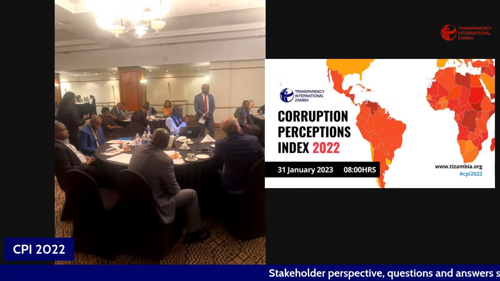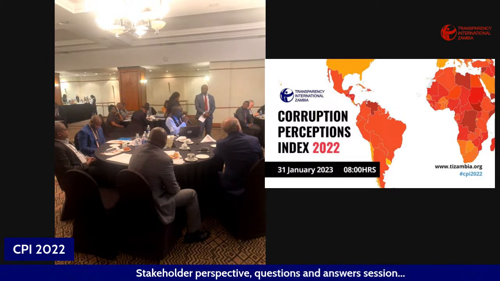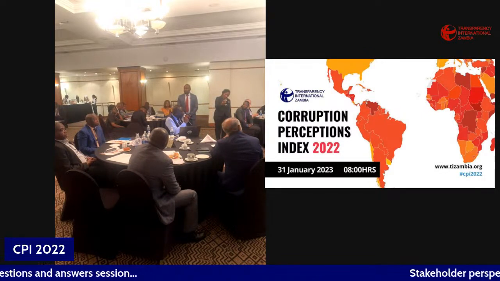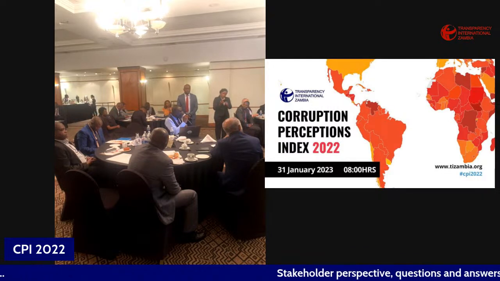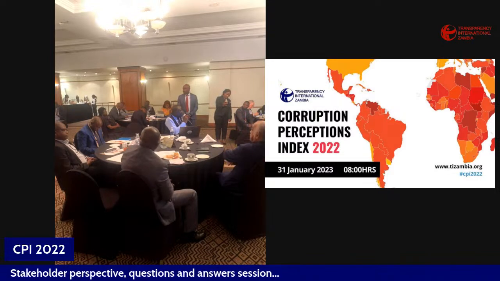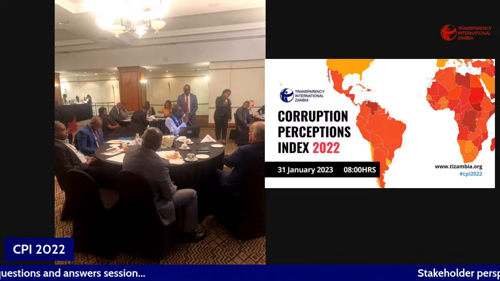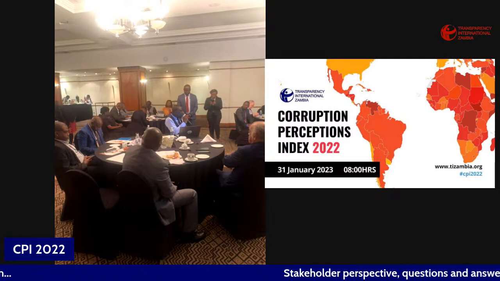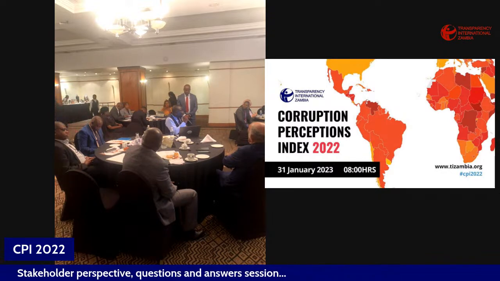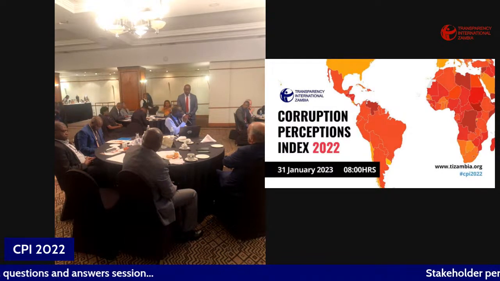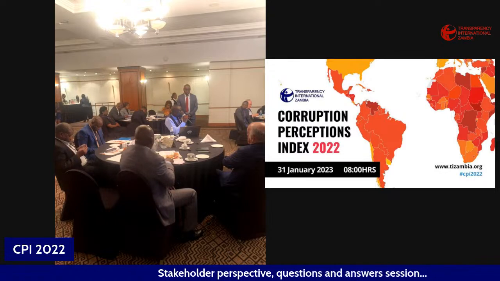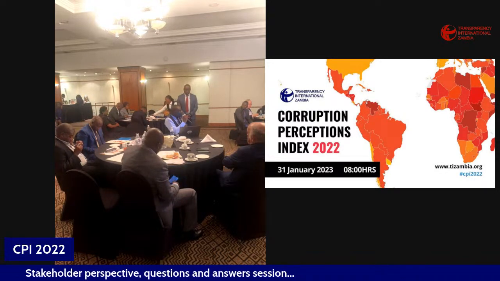You earlier talked about taking integrity to the lowest level with issues of CDF coming into play, where we're looking at resources going at the community level, knowing that such structures have very little, if not no measures in terms of corruption reduction at that level, because the committees and structures that are put in place, some of them, of course, are not tied to any contractual obligation. They are loose structures.